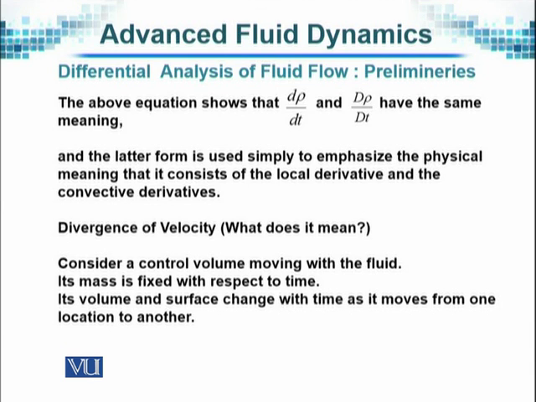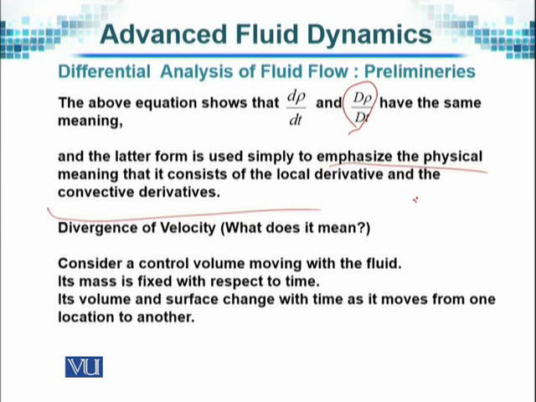And the latter form is used simply to emphasize the physical meaning that it consists of local derivative as well as convective derivatives. The terms appearing on the right side are a summation. We saw there were four quantities, and there were local terms, what we call local differentiation, and also the other terms that are known as convective terms.